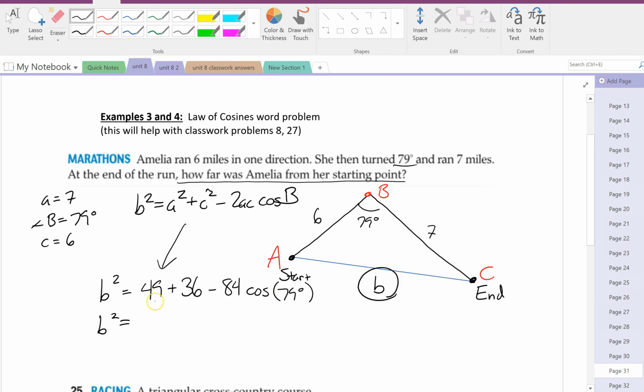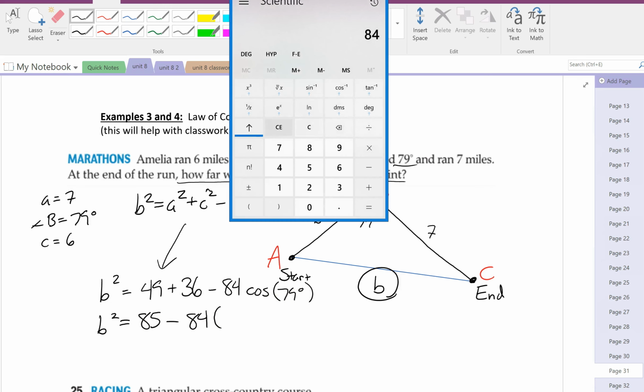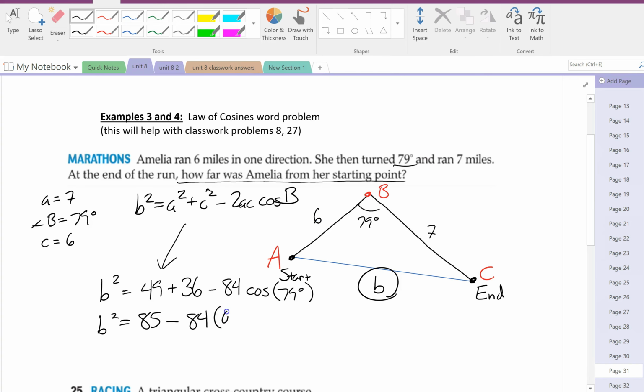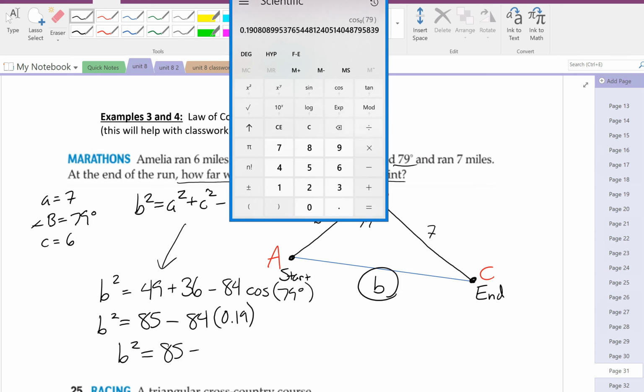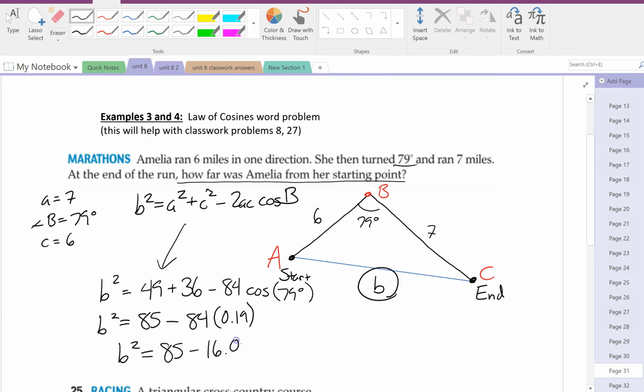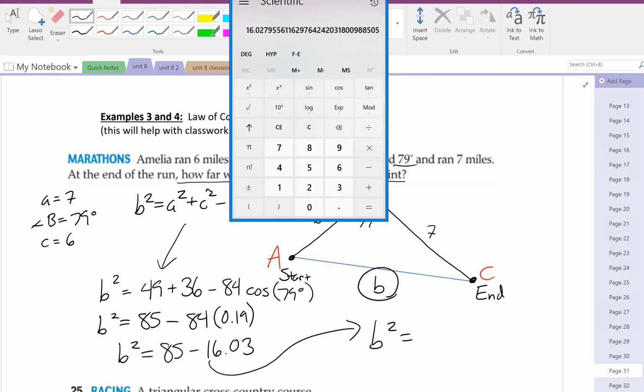Okay, so B squared equals 49 and 36 is 85 minus 84 times the cosine of 79, which is 0.19. So B squared equals 85 minus 84 times 0.19, which is 16.03. B squared equals 85 minus 16.03.